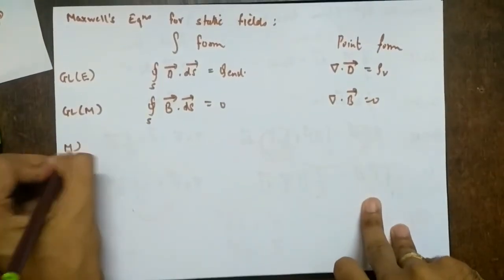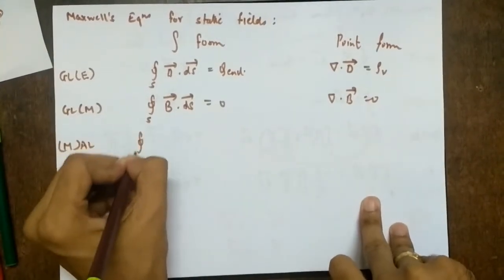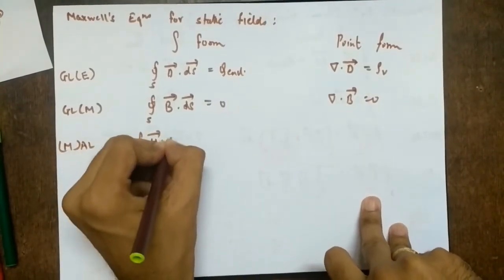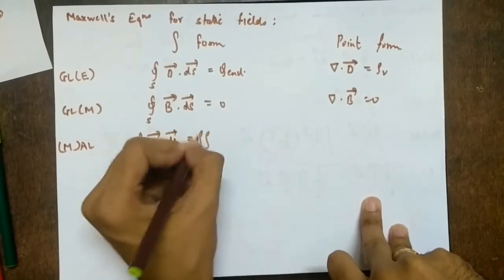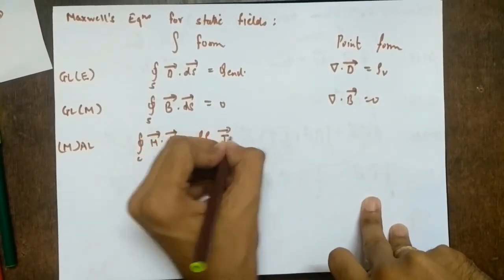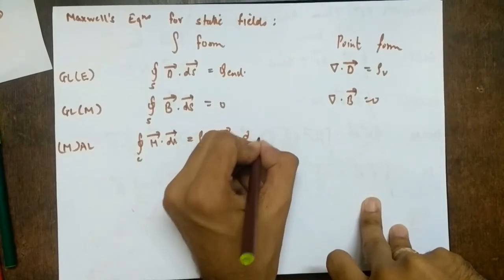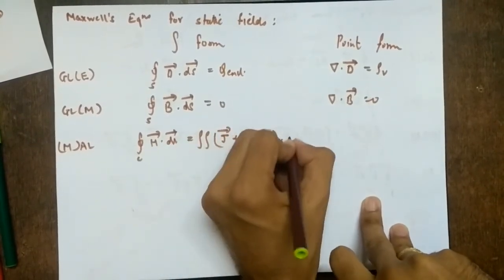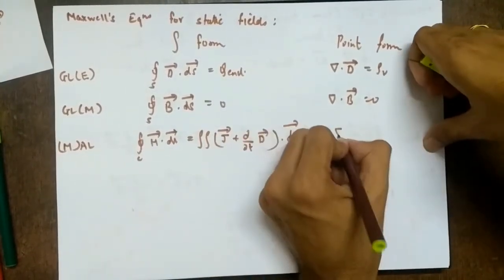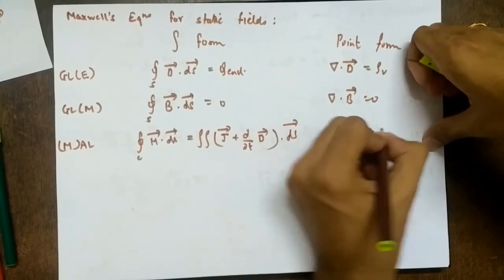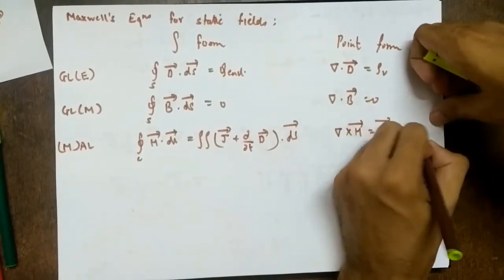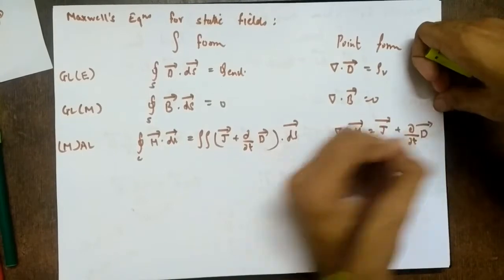Then we have modified Ampere's law. What is it? Closed contour integral of H vector dot dl vector equal to surface integral of J vector plus del by del t of D vector, dot dS vector. So this is del cross H vector equal to J vector plus del D by del t.